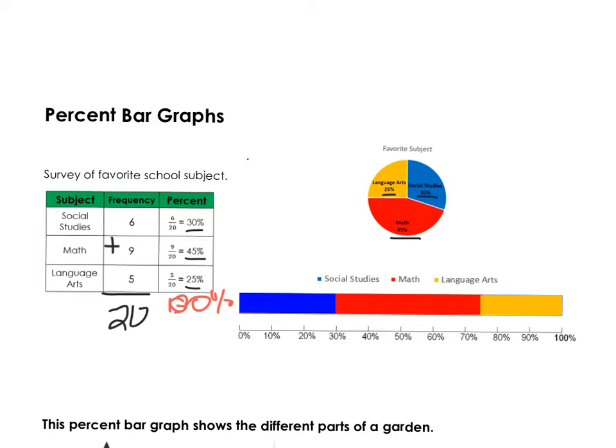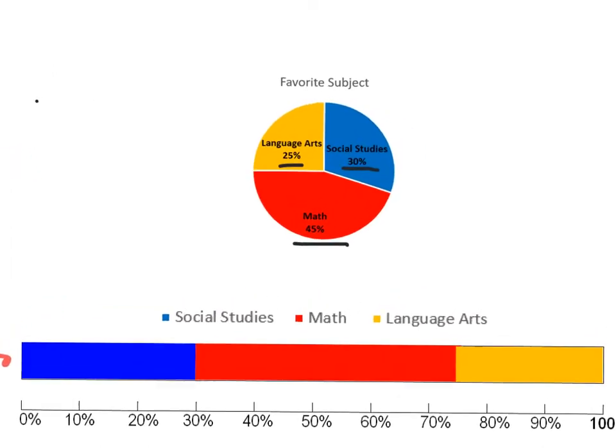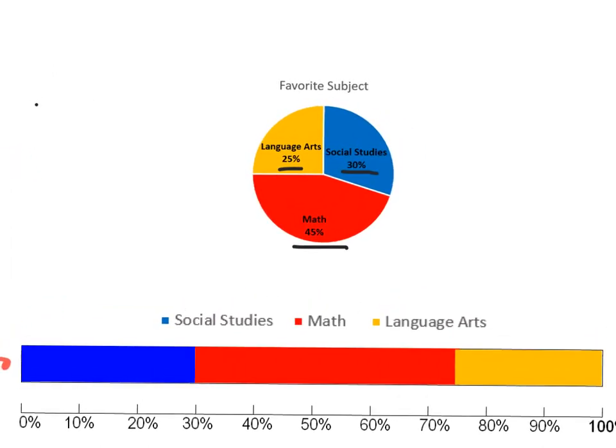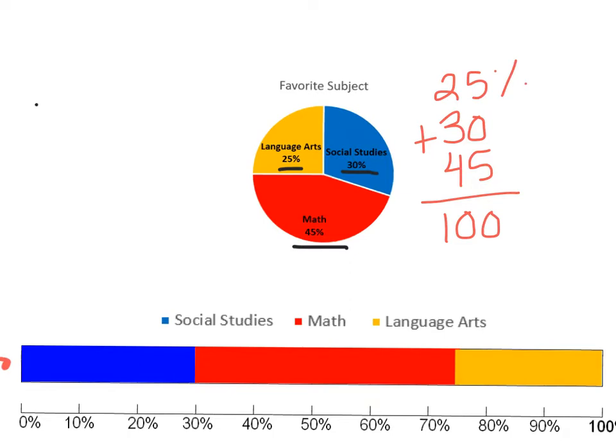If we come over here to the pie chart and we take the same data, 25 plus 30 plus 45, and we add it all up, we get 100. And since these are all percents that we're talking about, the total would be 100%.